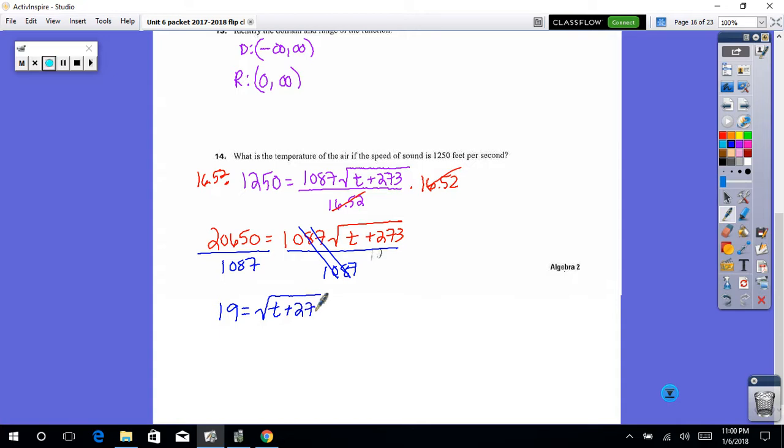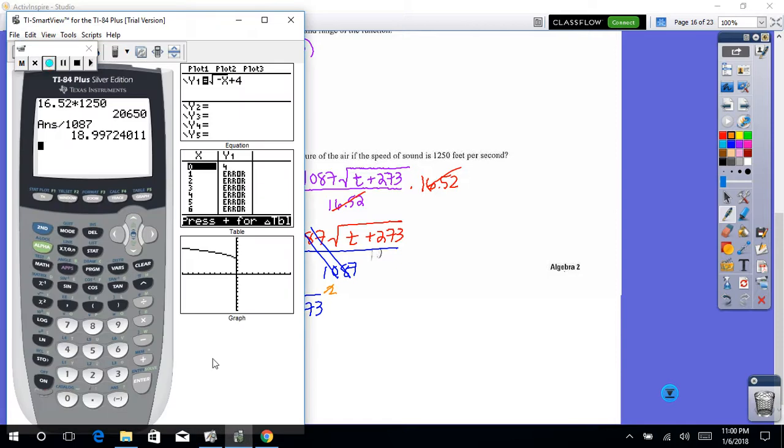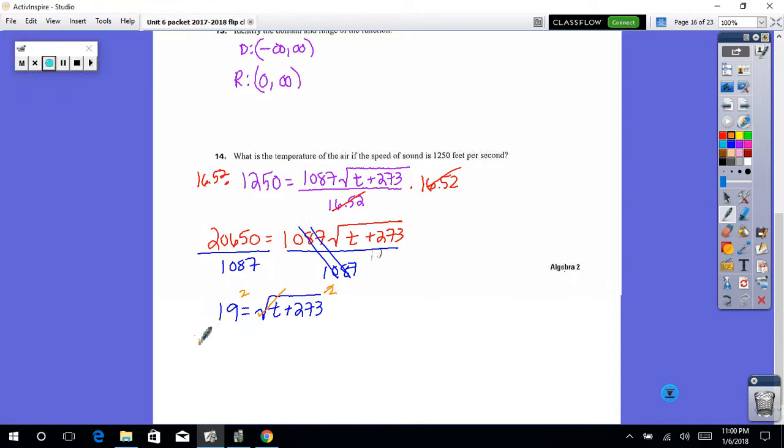Okay, two more steps. To undo a square root, we square both sides. That makes my radical go away. 19 squared is 361.